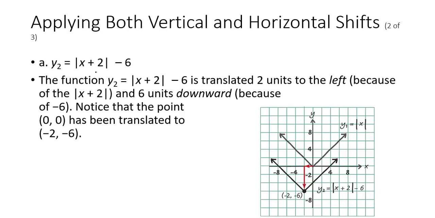So the first one, we're shifting the graph of y1 is equal to absolute value of x. We're shifting this down 6 units, and then to the left 2 units. So this is how you translate that. As you can see, point (0, 0) becomes point (-2, -6).